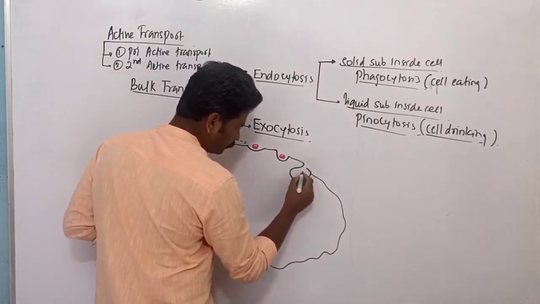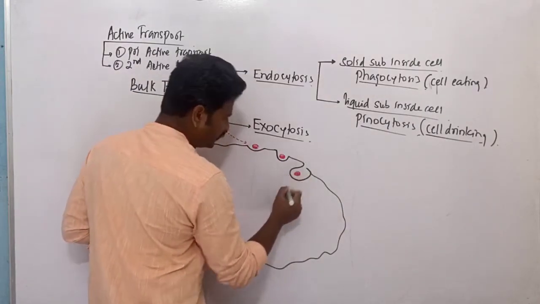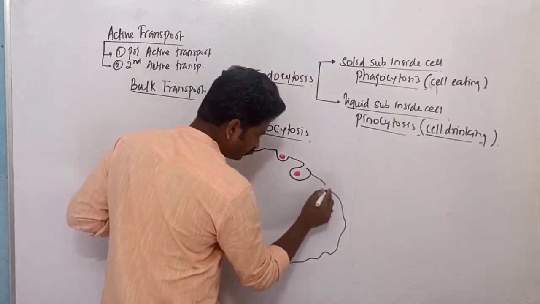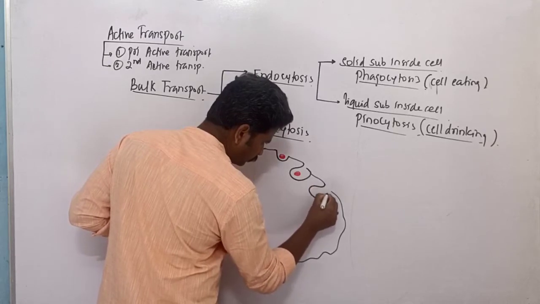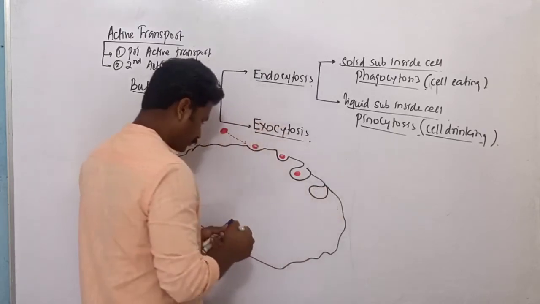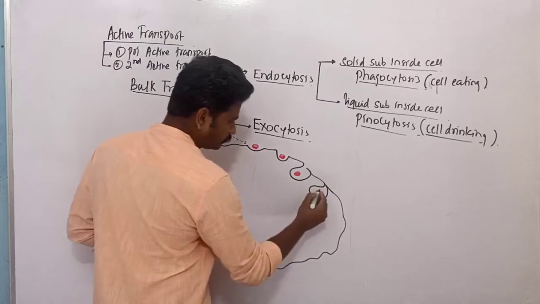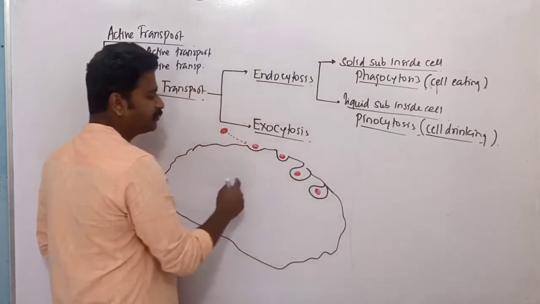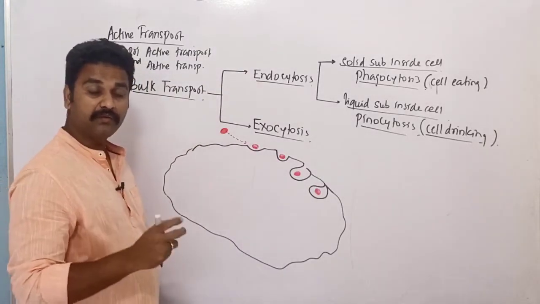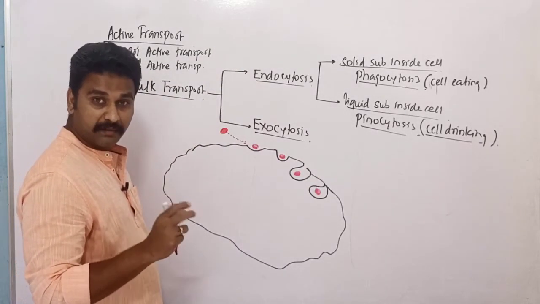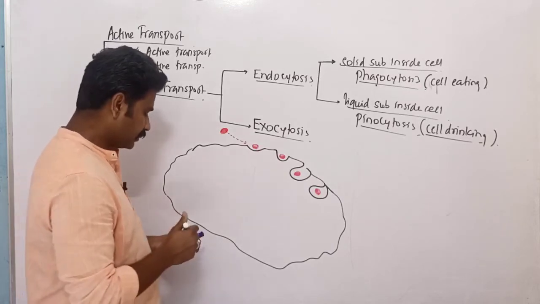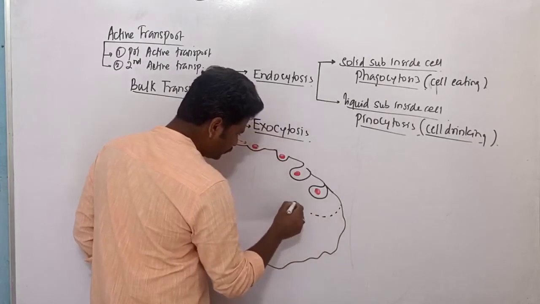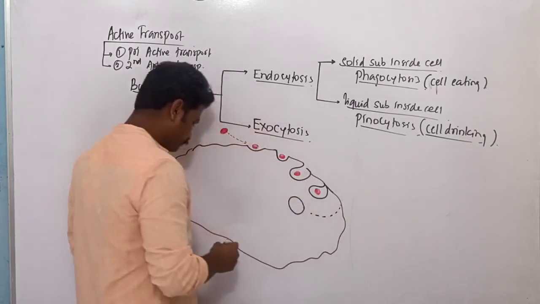to form a vesicle attached to the plasma membrane. In this way, the plasma membrane develops a vesicle which now has the food bulk molecule in it. This vesicle will eventually get detached from the plasma membrane and get transported inside the cell.